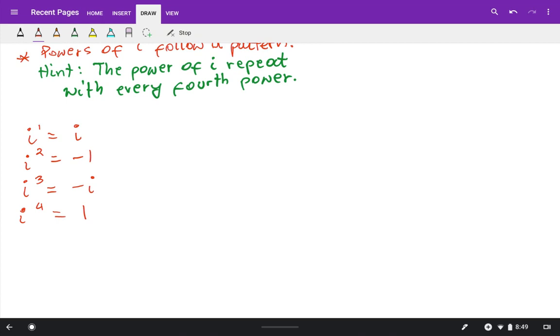And this keeps repeating. So look at what happened: the powers of i repeat with every fourth power. That means i to the fifth power will be i, like i to the first power. i to the sixth power will be equal to negative 1. i to the seventh power will be equal to negative i.